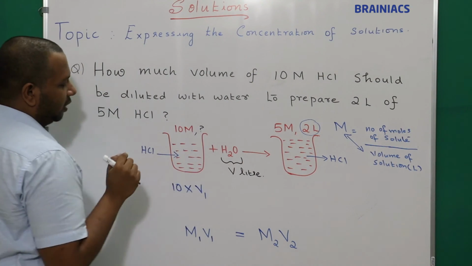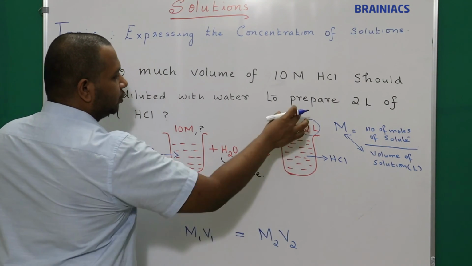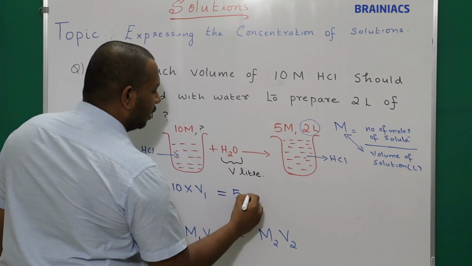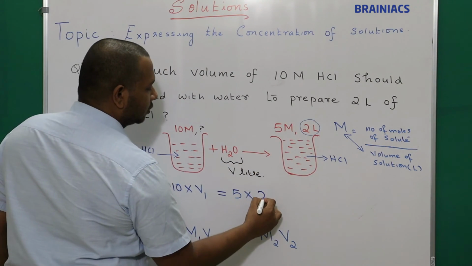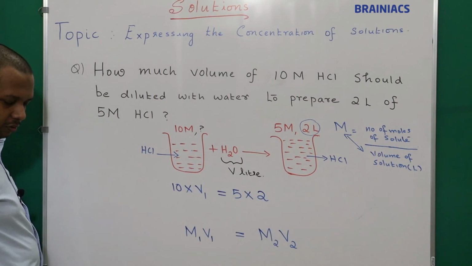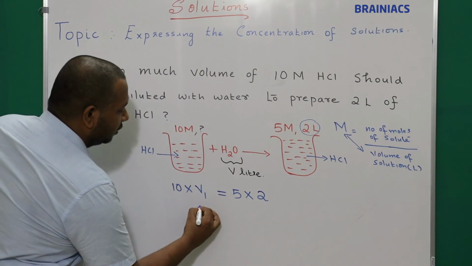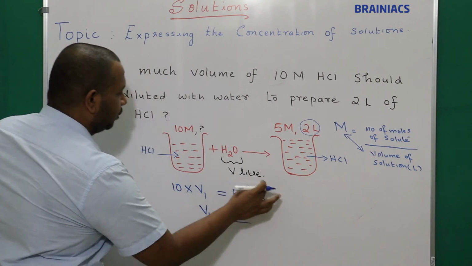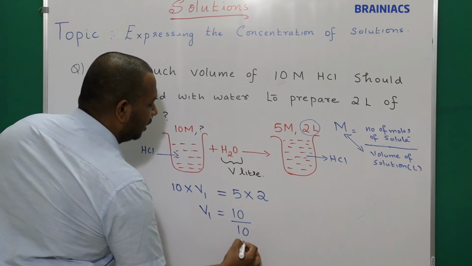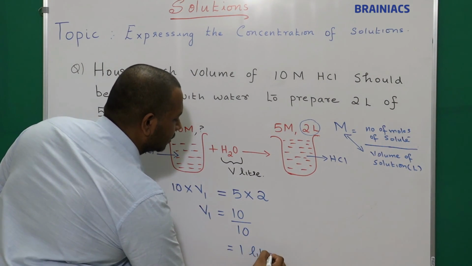After adding water, M2 is changing to 5 molar and the volume is changing to 2 liters. So tell me what is the initial volume. V1 is equal to 10 divided by 10, so the answer is 1 liter.